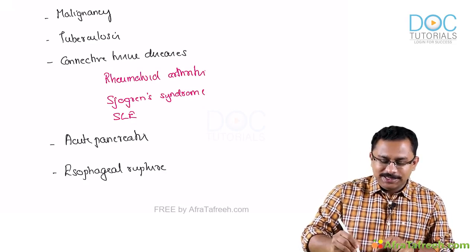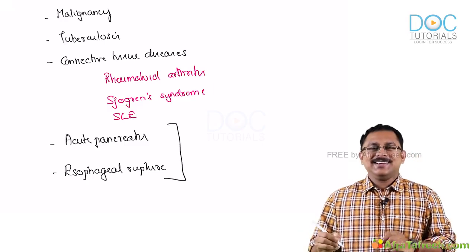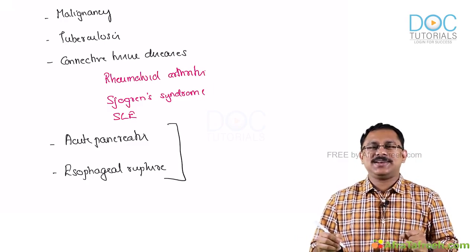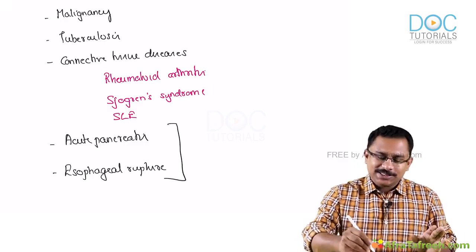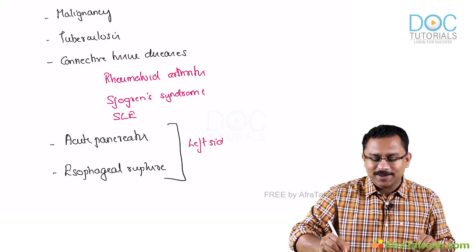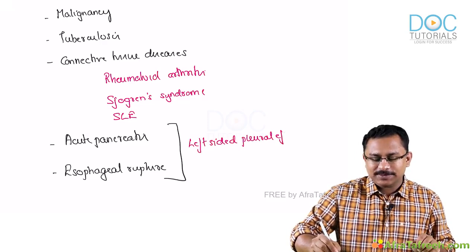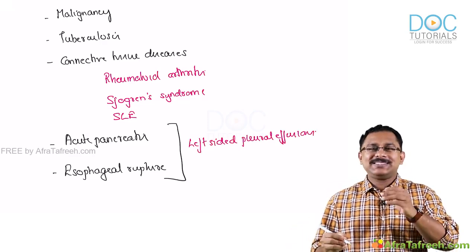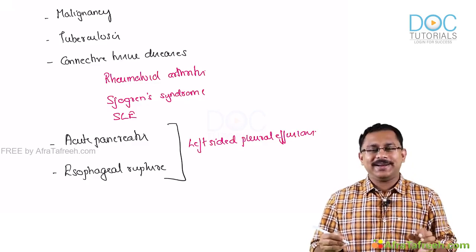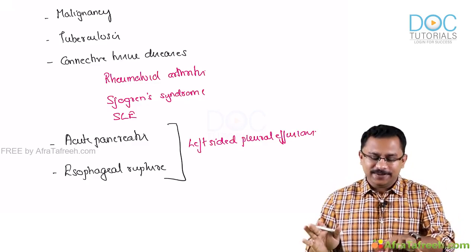Just to bridge these two causes, acute pancreatitis as well as esophageal rupture predominantly cause left-sided pleural effusions. Just keep that in mind. Remember, it is predominantly acute pancreatitis involving the tail of the pancreas causing the left-sided effusions.